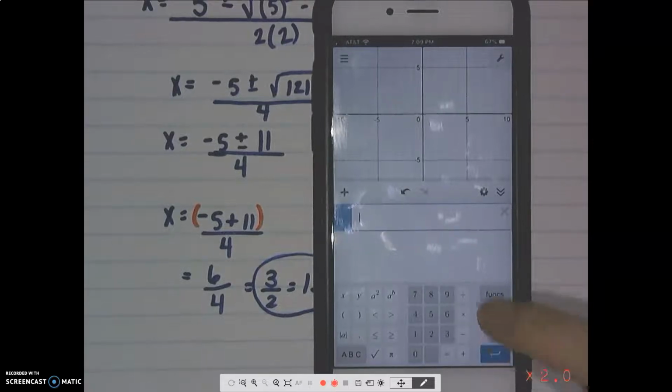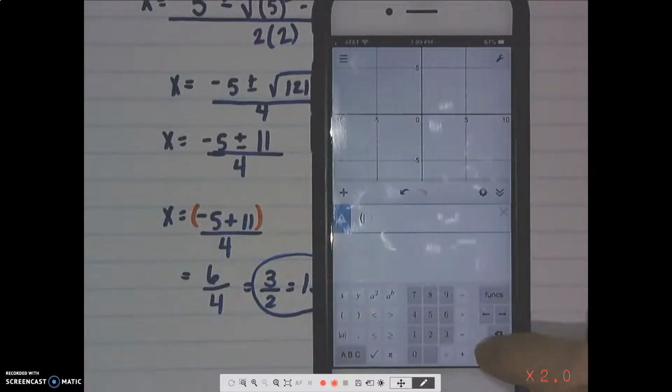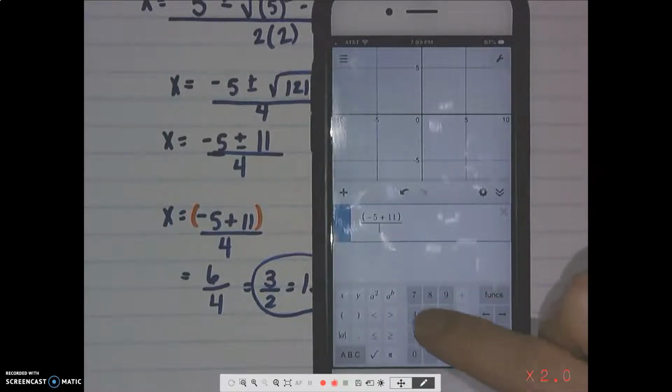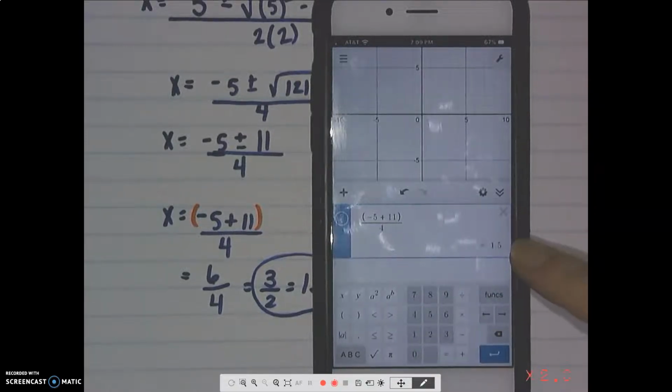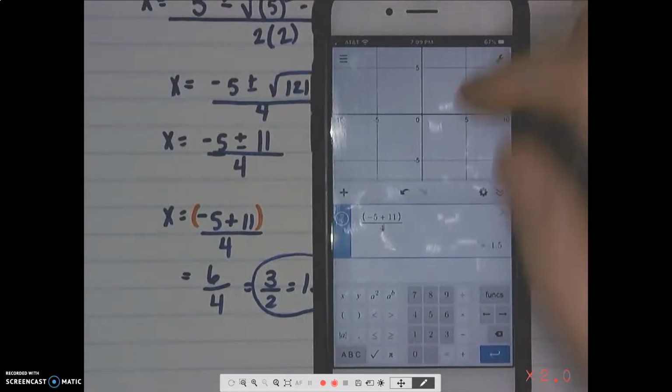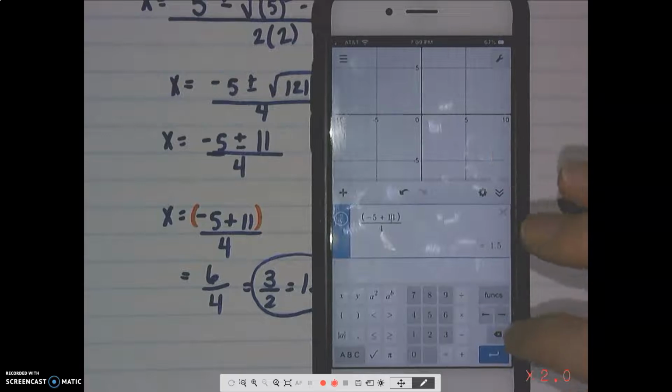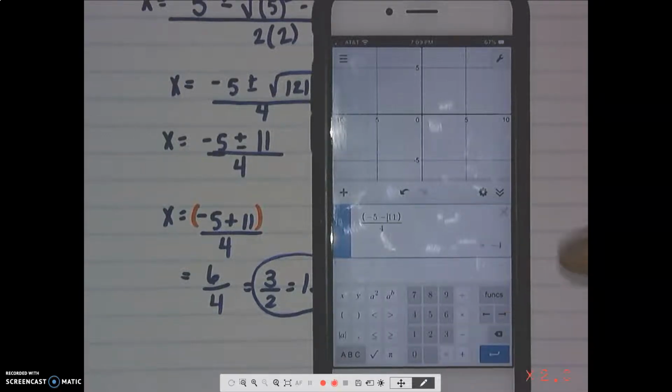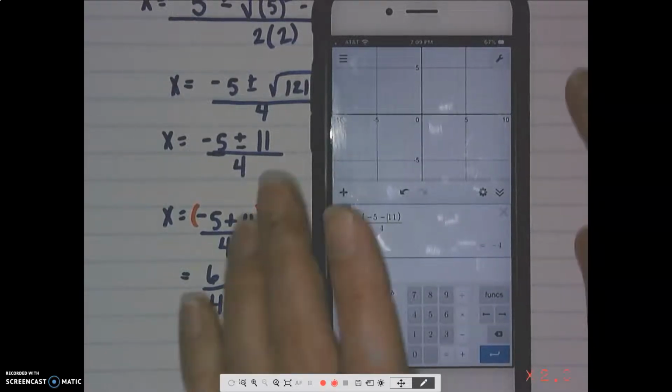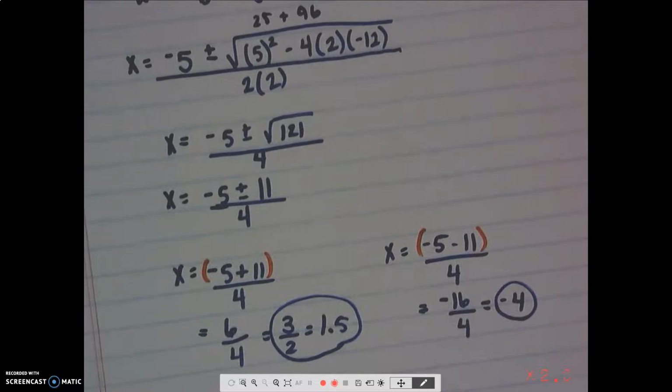So we have to put parentheses: negative 5 plus 11, divided by 4, now that 4 goes to everything, and that's where we get our 1.5. Or you can just have it as 3 halves. It doesn't matter. You could do the same thing where you go back up here and change that to a minus sign, and that's where it gives you the negative 4. Either way is a valid method.